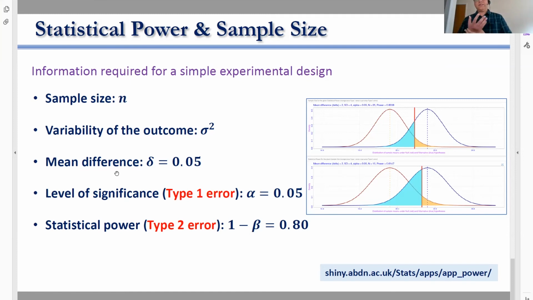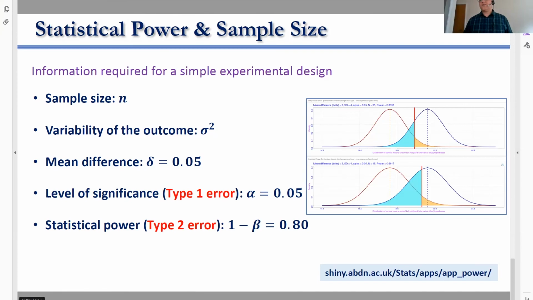For example, in the blood pressure example, do you feel that 10 millimeters of mercury is a big enough difference that a new drug, if it works, would be clinically significant? If it is reducing by only 2 millimeters of mercury, even if you prove that it is statistically significant, it may not be clinically relevant. So that mean difference, which is clinically relevant, is important, and you have to define it beforehand. And then, of course, the level of significance, the type 1 error, and then the type 2 error or statistical power. Power is generally kept at 80% or 90% as standard.